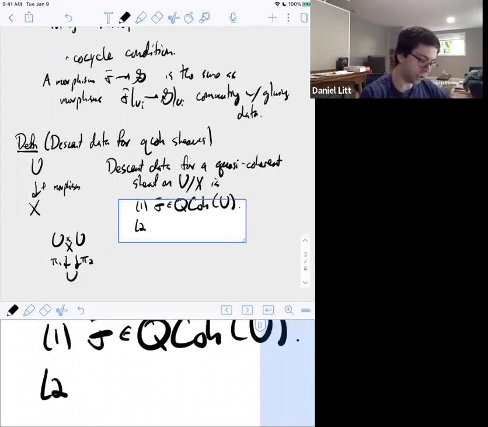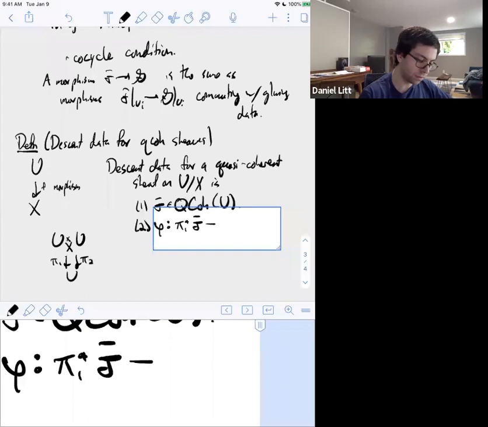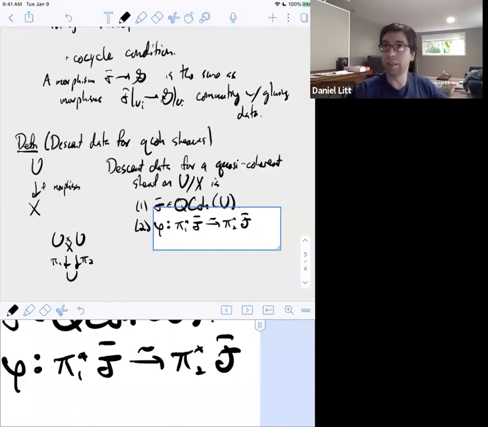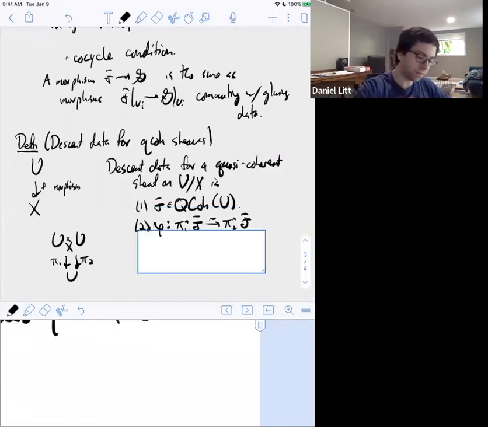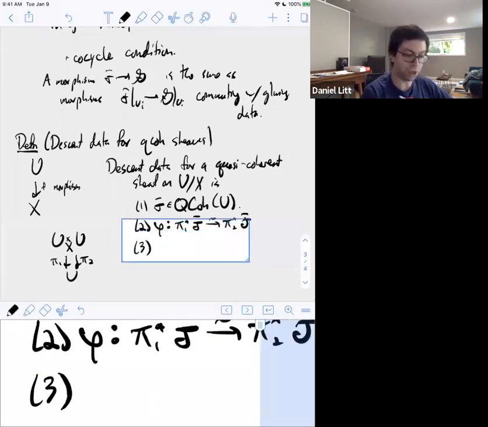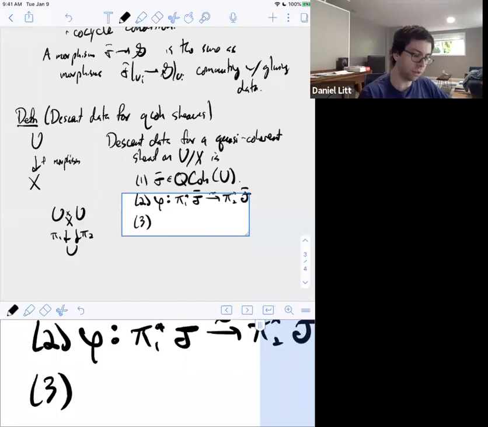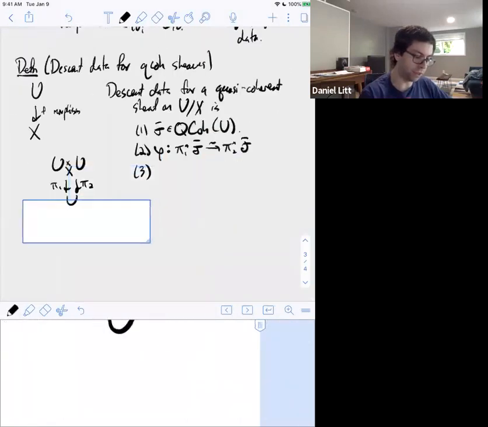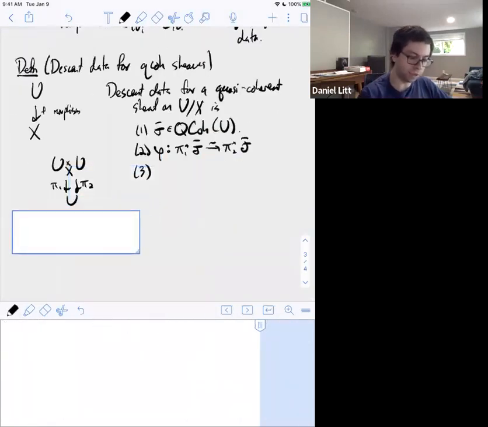And what we want is gluing data there. And the way we say that is we want an isomorphism, let's call it phi, between the pullback of F along pi 1 and the pullback of F along pi 2. Okay, so this is gluing data. And now we need a third condition, which is that this gluing data satisfies the cocycle condition. Let me introduce a couple more morphisms in order to state that.